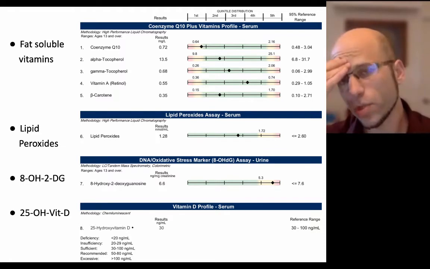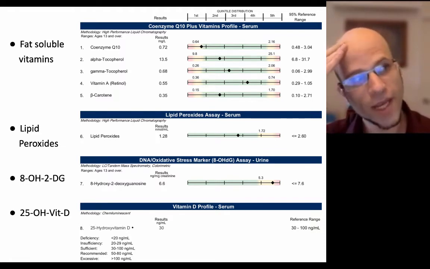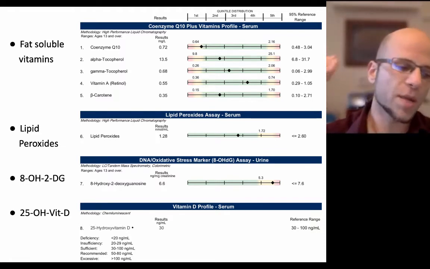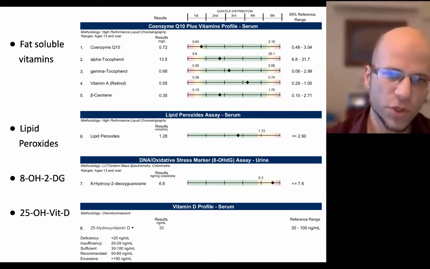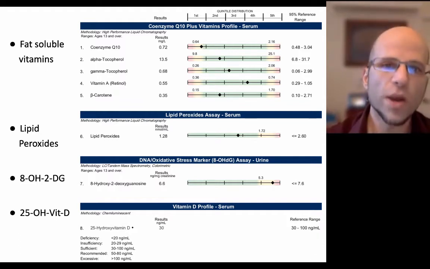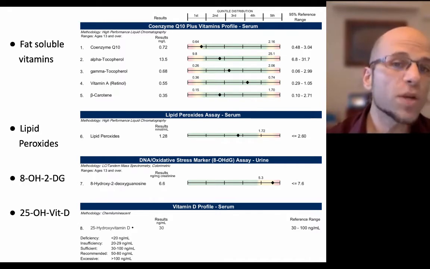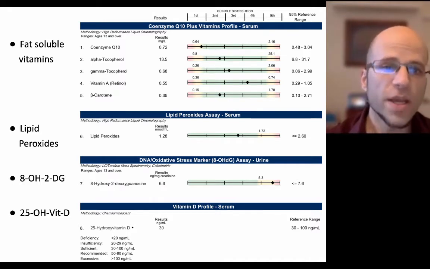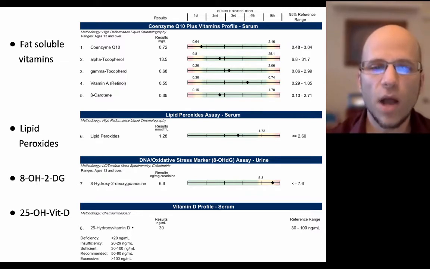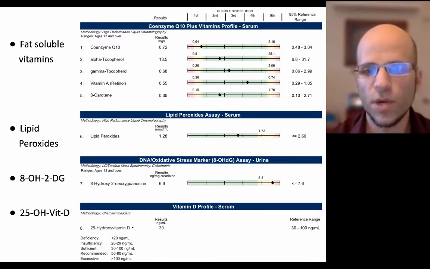Another point of possible confusion is that with the organic acids, we're looking at a pattern of things in the first quintile or lower, whereas with the fat-soluble vitamins, if any one of them is low, it can make high lipid peroxides. We don't need a pattern of them all to be low. We just need at least one of them.